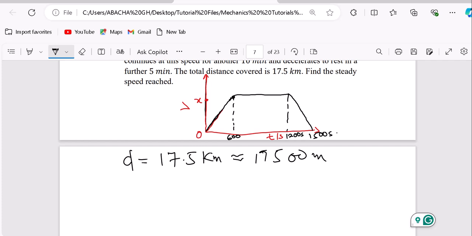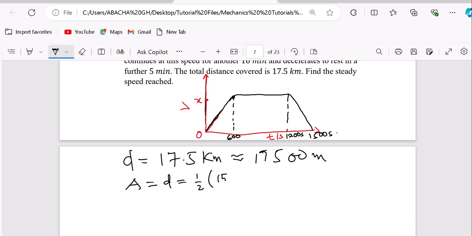Okay, now they are saying that we should find the steady speed reached. That is very simple. We know the total distance traveled, and this shape is a trapezium. The distance is the same as the area. So area, which is D, is equal to half the sum of the parallel sides.